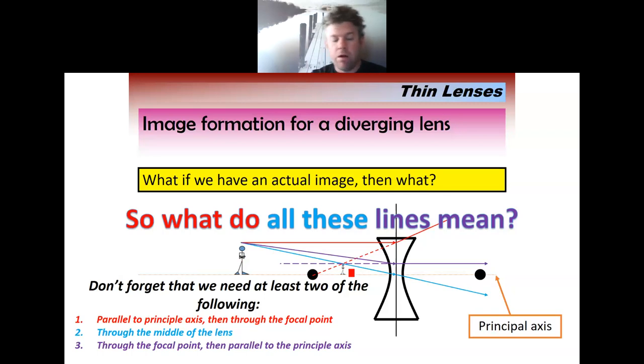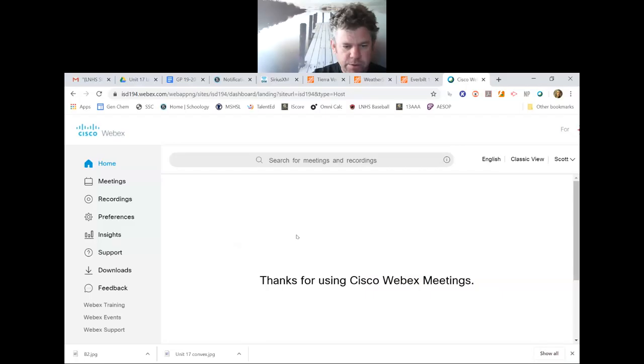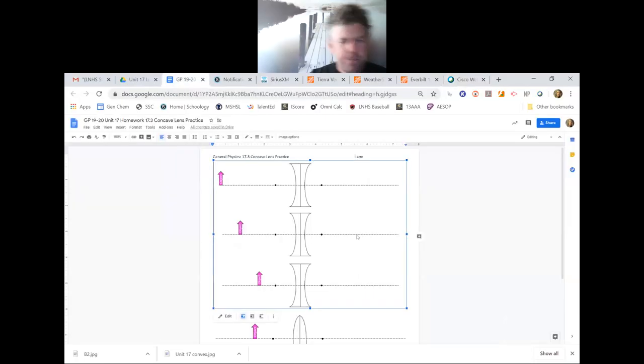Okay? All right, let me try out how to do some of the concave ones with you on here. And then I'll also show you how to do the convex or concave on here. Okay?